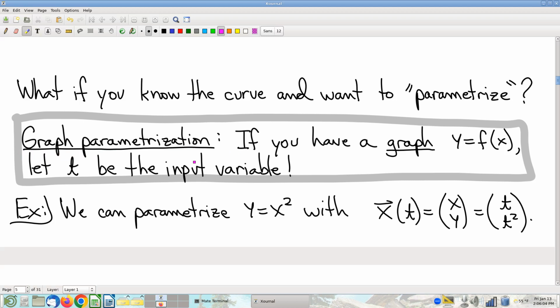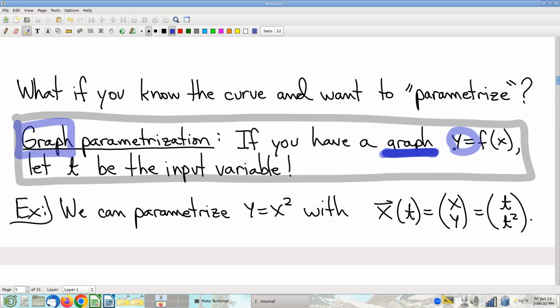Very importantly, this only applies if the curve that you're trying to parameterize is a graph. And we're going to say more about what graphs are later on, but for the purposes of what we're doing now, let me just say you can solve for one of the variables in terms of the other. So here I'm presuming that we know y as a function of x. That's what we mean by graph.